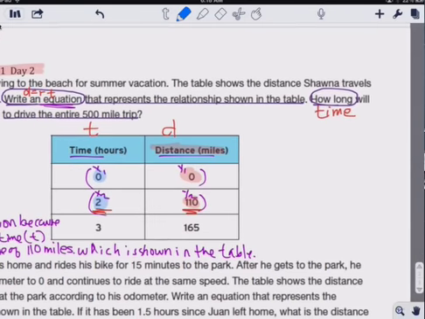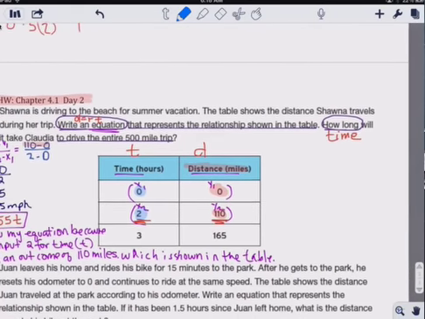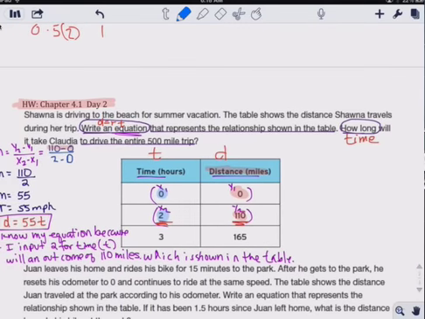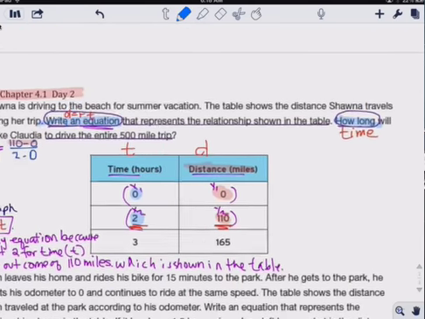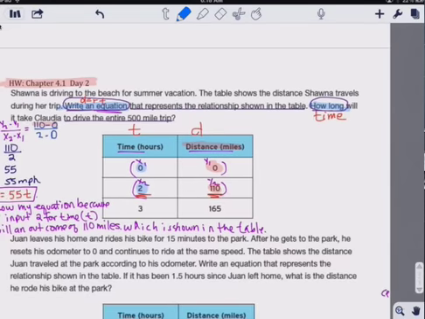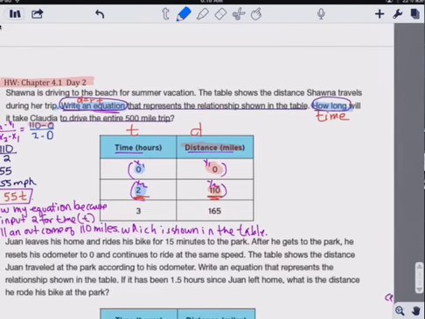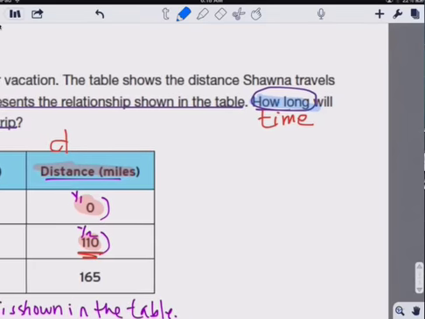Okay, so the other question is, how long, because I circled two, that's one answer. I need the other answer to the other one I circled. So always before you move on, check how many answers you need. How long will it take Claudia to drive 500 miles?